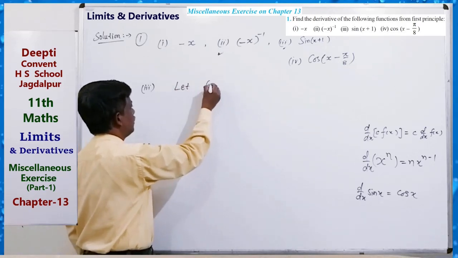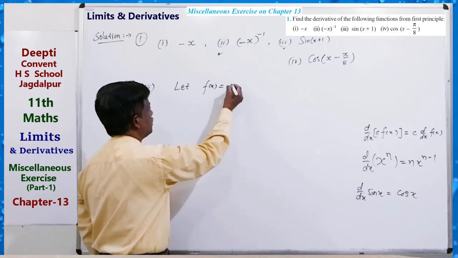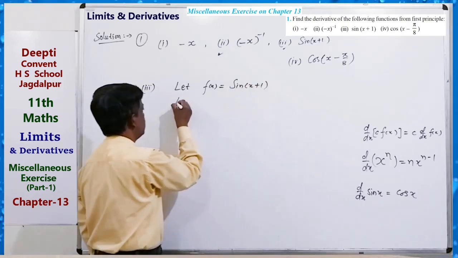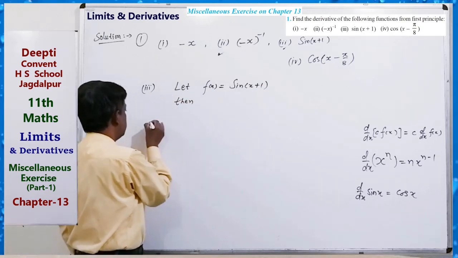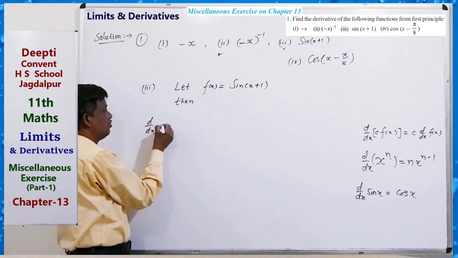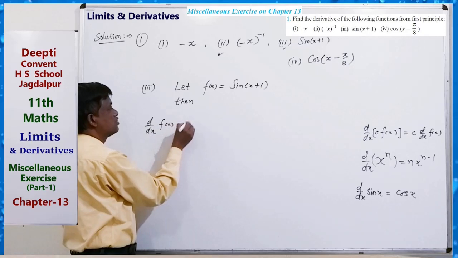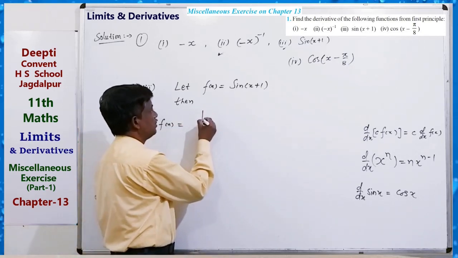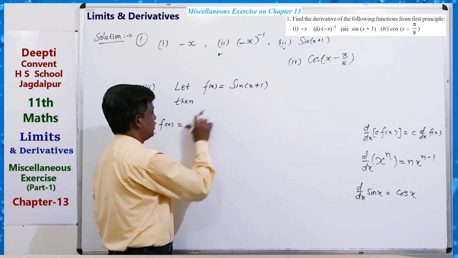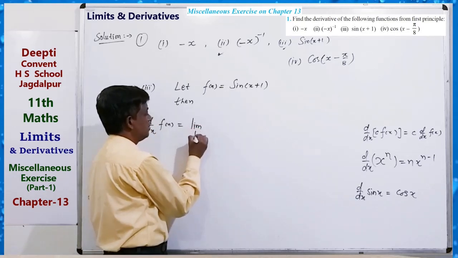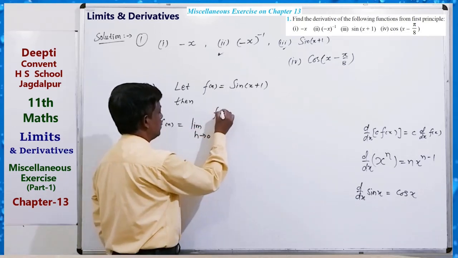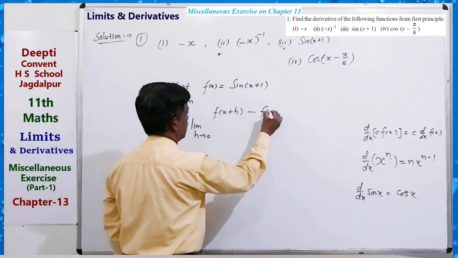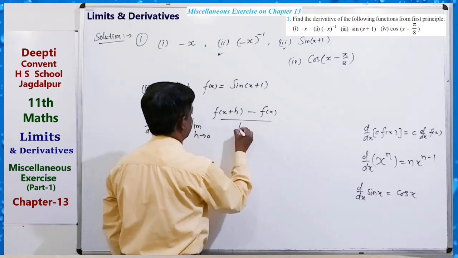Let f(x) equal what? sin(x + 1). Then the derivative. What will be the derivative? f'(x) equals limit h tending to 0, [f(x + h) - f(x)] upon h.